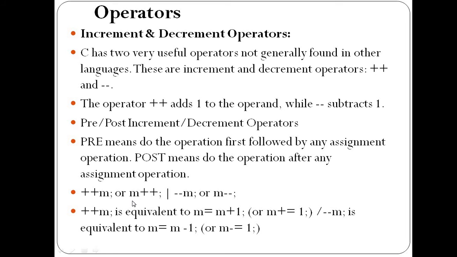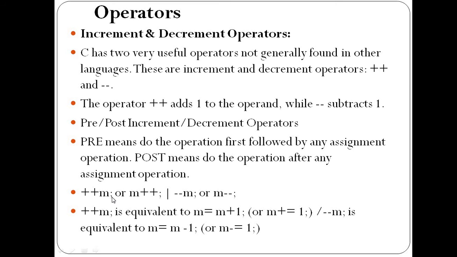Understood? If this concept is not clear, then please give me a review, because this concept is very important for us to execute the control statements in our C program. Because in control statements and looping statements we need to use the increment and decrement operators for execution based on certain conditions in our program.